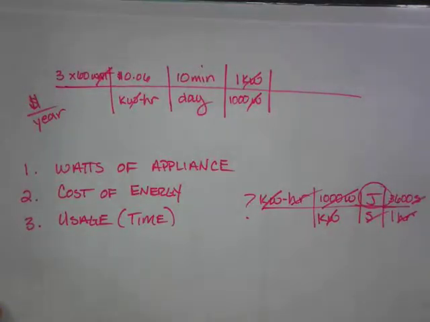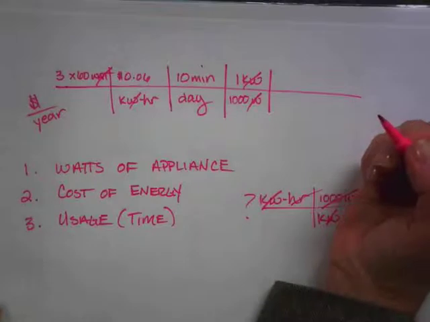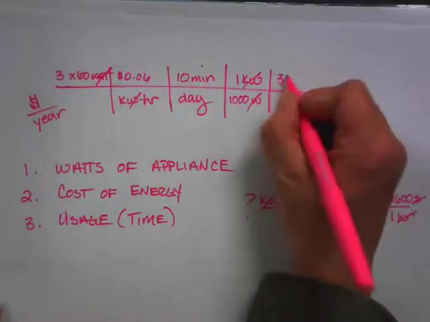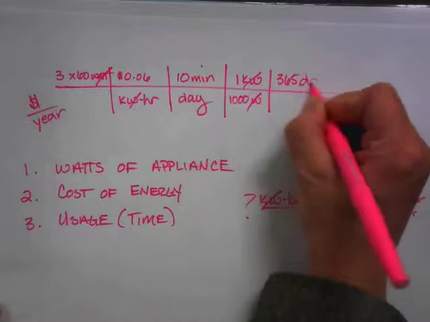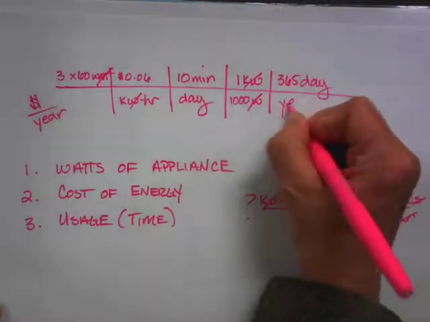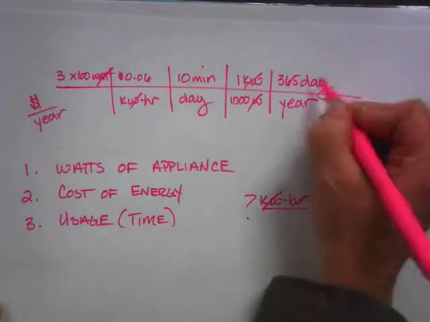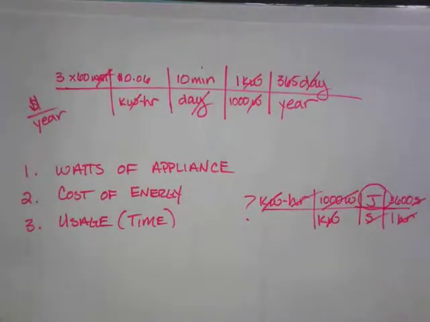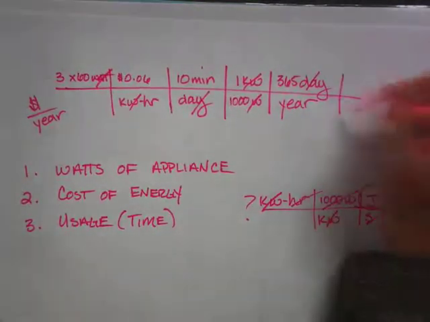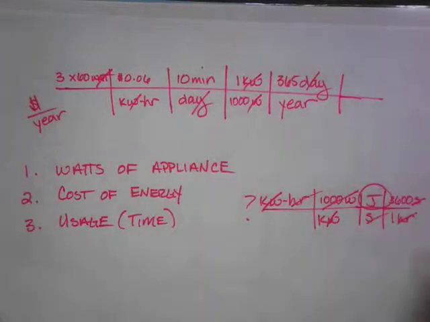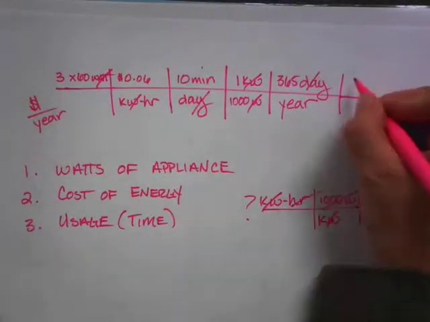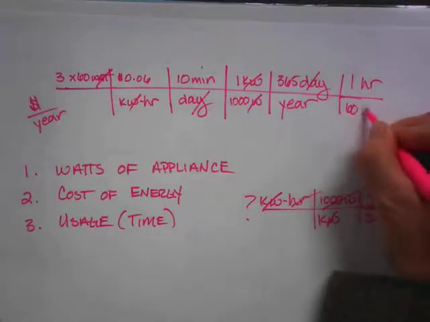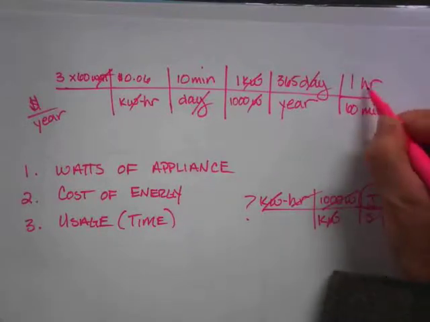Days and years? Okay. So how many days in a year? 365. Where do you want days? On the top. Days go bye-bye. Okay, what else we got there? Minutes and hours. Good. Where do you want minutes? Where do you want hours? Okay, I like it. 1 hour, 60 minutes.